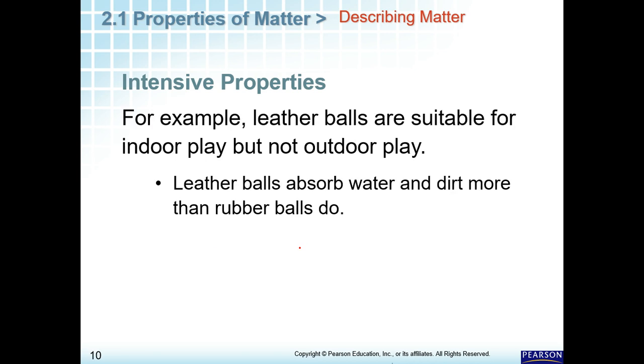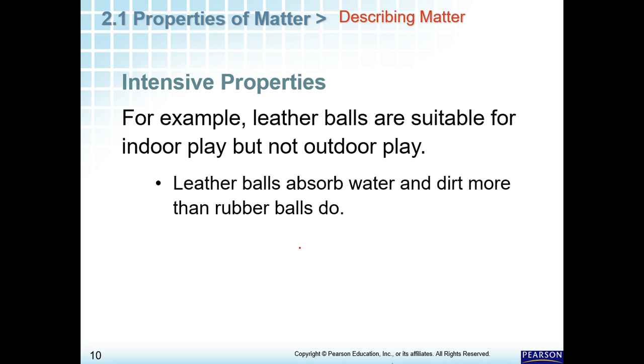Let's focus a little bit more on the example that the book gives you. If we're looking at absorbency and we're looking at the type of matter, let's compare a leather covering versus a rubber covering. Leather balls are often used to play indoors and not outdoors.